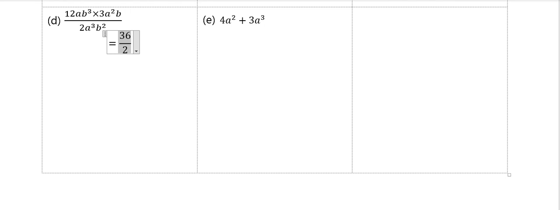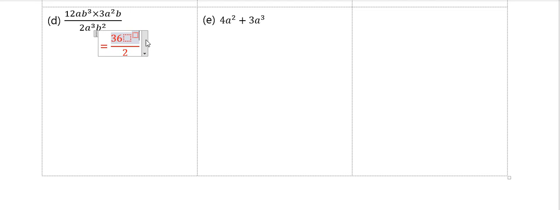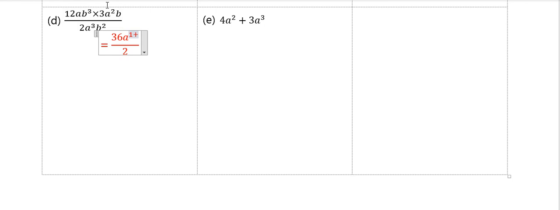My tip is to let it be written like this before you simplify it. And then let's focus on the numerator. A times a square: according to the first rule, you have to add the powers. A is a power 1, times a power 2, so a power 1 plus 2.